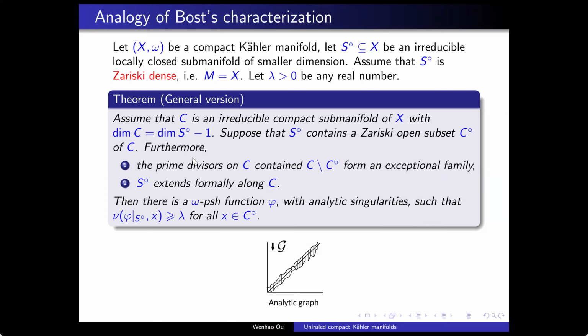In this situation, we see that this shaded region, which is S0, contains the Zariski open of some closed Zariski subset. The closed Zariski subset, which is the diagonal here, is the C here. And the C0 is just this diagonal with this empty point removed. So this is the regular locus of the foliation.